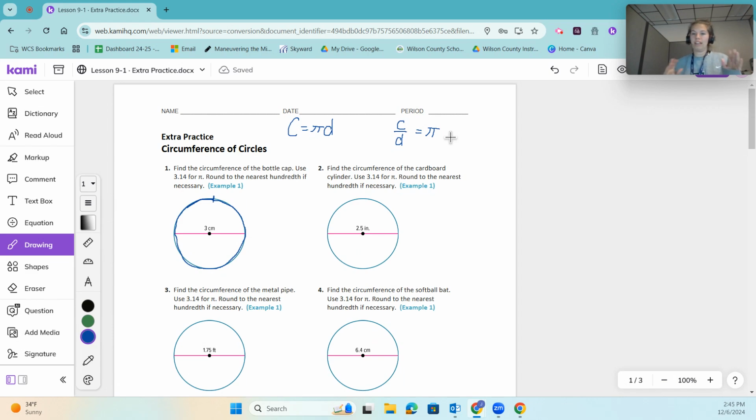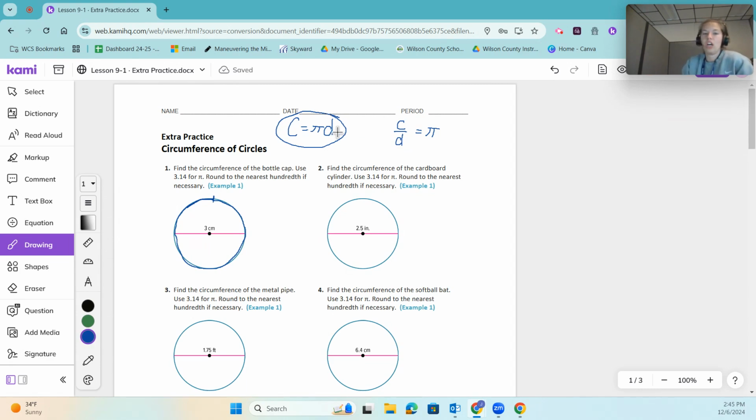And you can try that on your own. You can find circles all around your house and measure them and divide those ratios all you want. I'm telling you, it's going to be really close to 3.14 if your measurements are accurate. Okay. So that is why we use the formula circumference equals pi times diameter when we are finding pi.